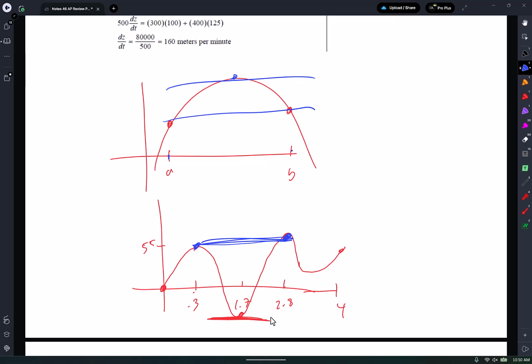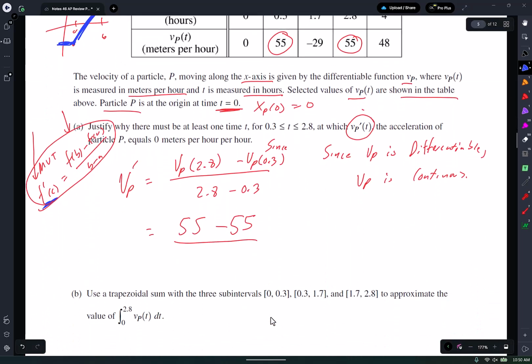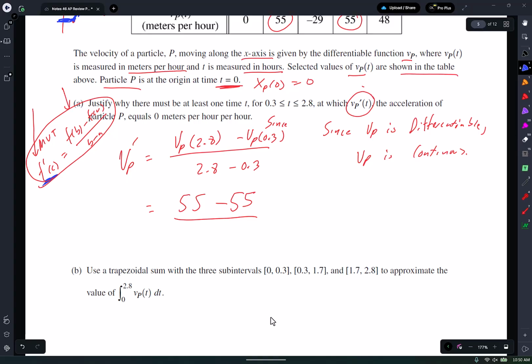Does that all make sense, guys? Right. Therefore, yes.